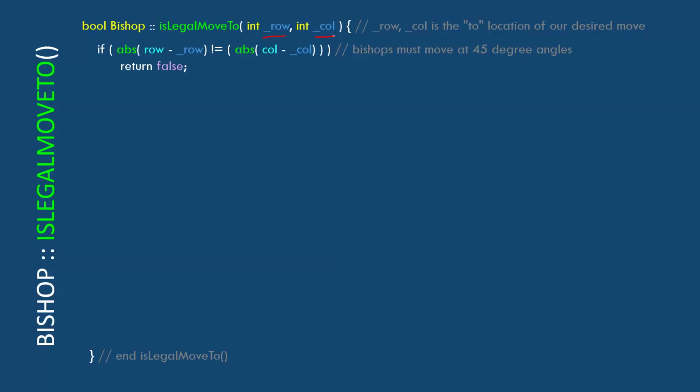So one way to do that is just make sure, good old algebra, the rise is equal to the run. If it's not equal, then we're not moving at a 45-degree angle. That's perhaps one of the fastest ways to do that. And if you didn't check the absolute value on that, you might run into some troubles, right?